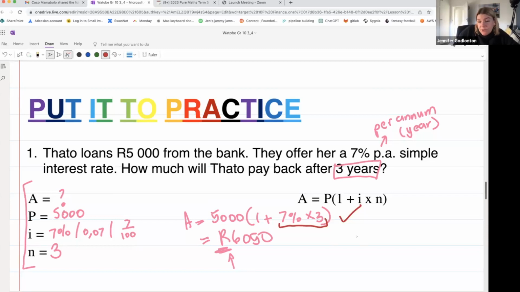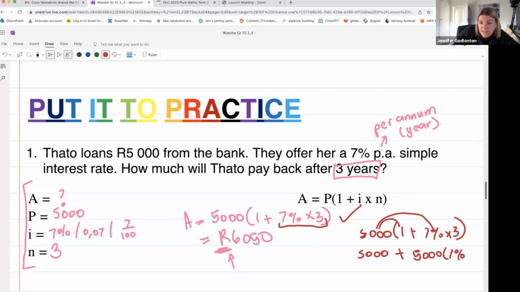If you were doing distribution, let's write this out: 1 plus 7% times 3. If you were doing distribution, we go into those two, so it would be 5,000 plus 5,000 times 7% times 3. Okay, no problem. Yeah. All right. Next one.